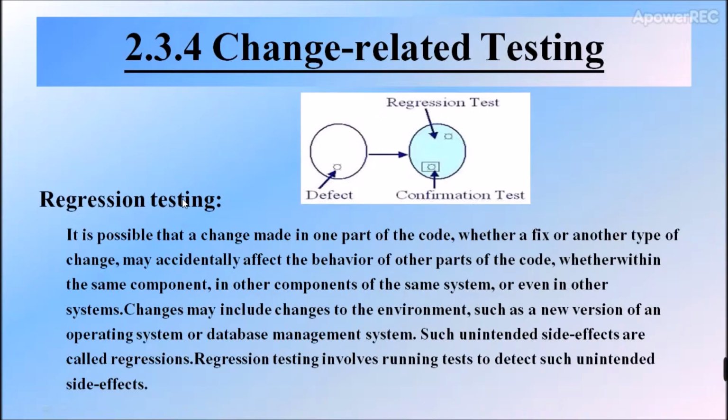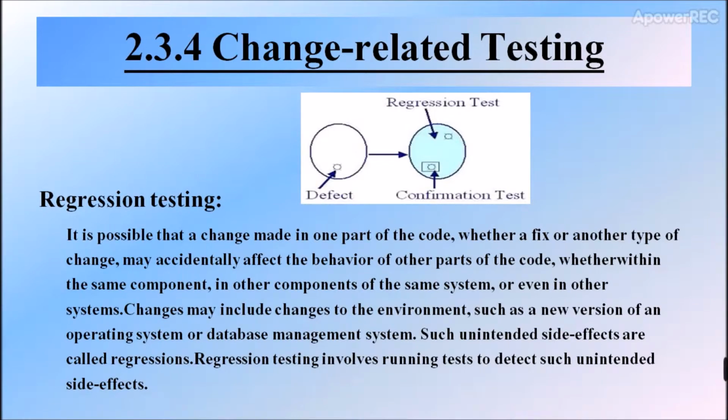On the other hand, regression testing is also a type of change related testing. But in regression testing, we test the other modules that may have been influenced by the change in this module.